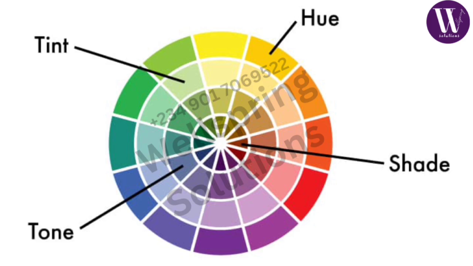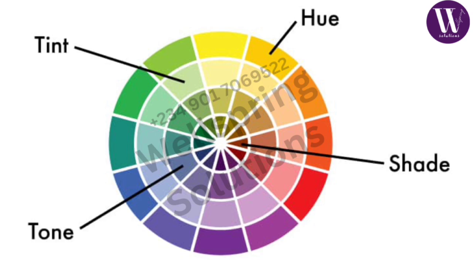Now let's discuss color schemes. Examples of what we have: one, hue, H-U-E. Hue refers to pure saturated colors seen on the color wheel. You can see the color wheel on the screen. We also have tints.